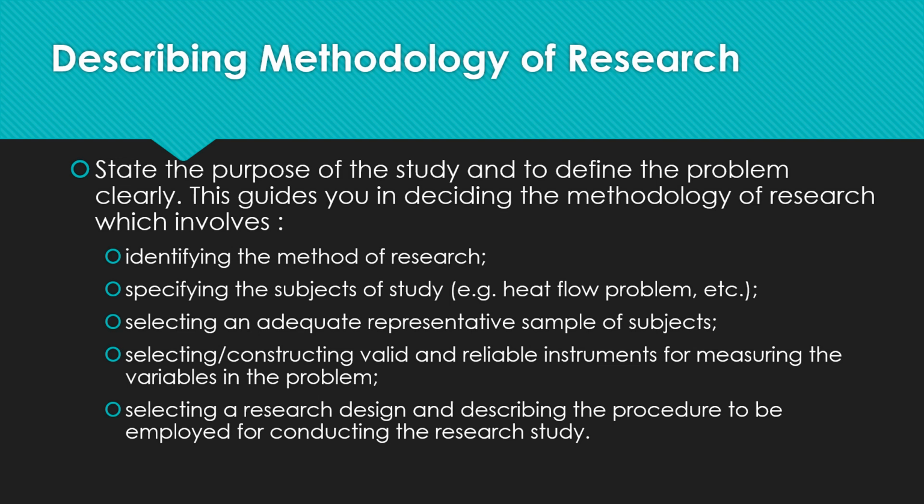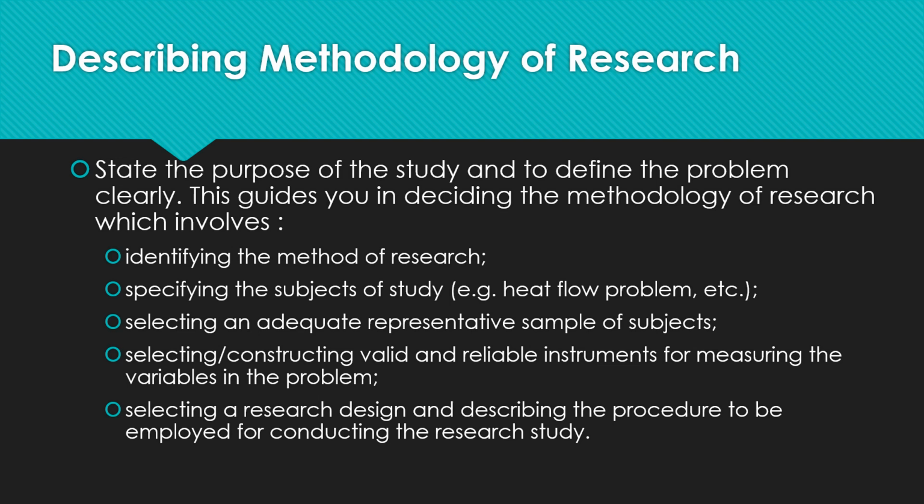And after that, you need to describe the methodology of the research. You state the purpose of the study and define the problem clearly. So in this step, you need to identify the method of the research and the subject of the study. The method, just now, are you using qualitative, quantitative, and so on. What are the subjects involved in your study?